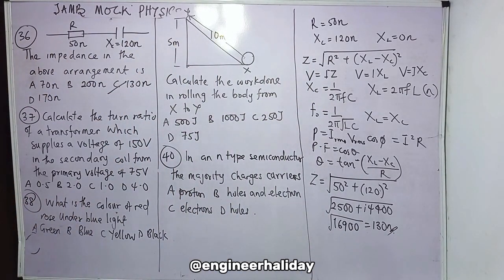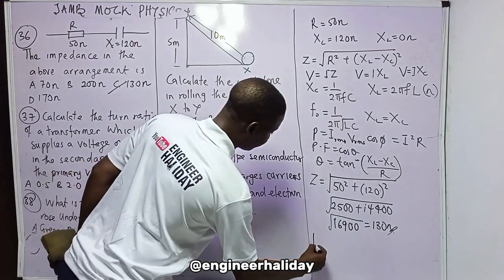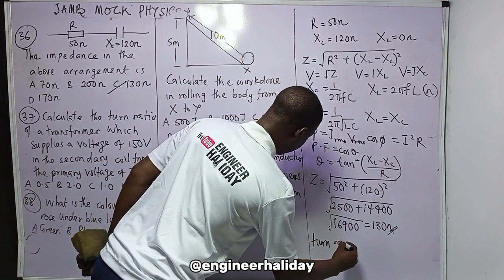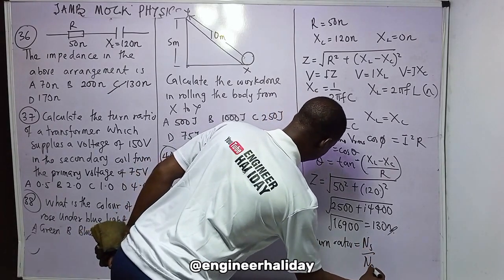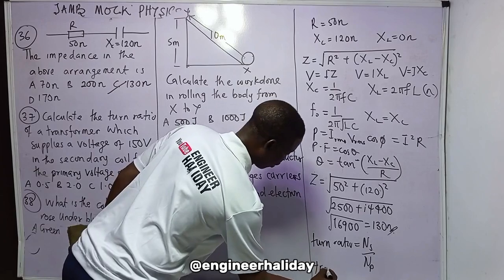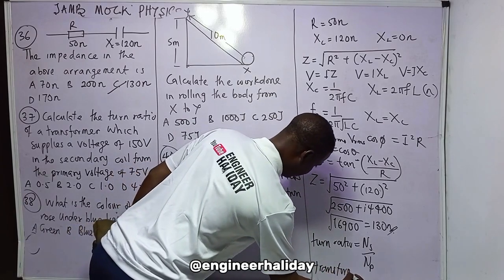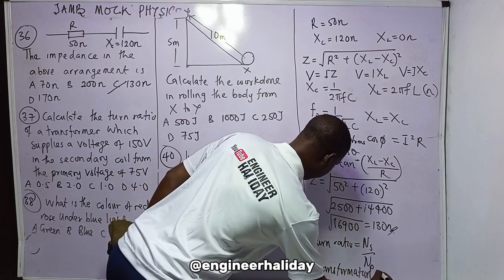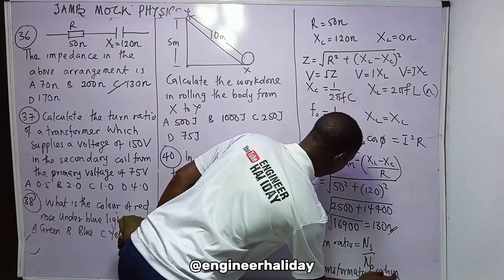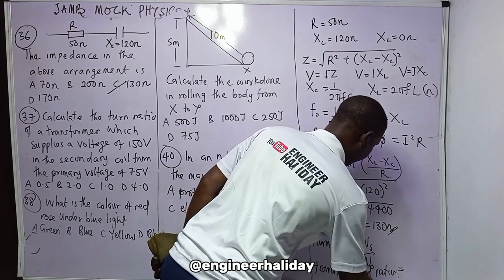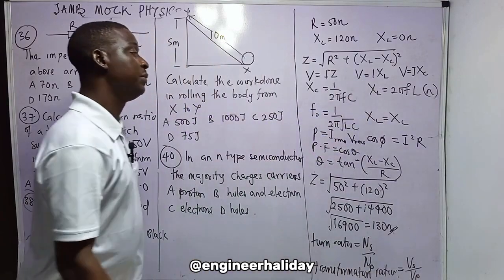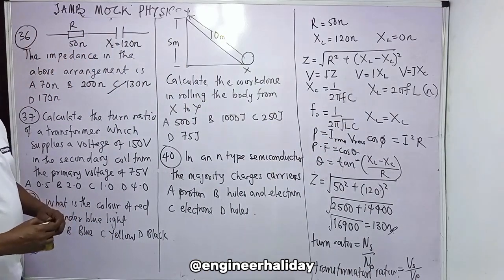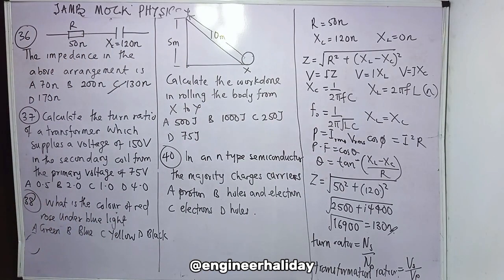Number 2 of number 36 says calculate the turns ratio. Turns ratio is the ratio of the secondary to the primary. We have what they call the transformation ratio. In a university electrical course, they will teach all this. Transformation ratio is Vs over Vp, meaning the output voltage over the input voltage.